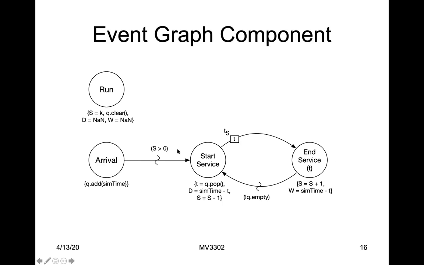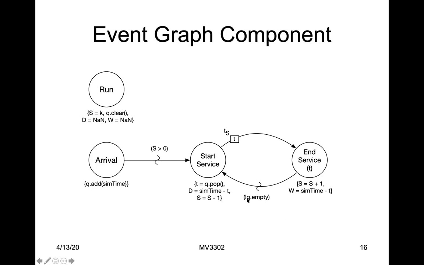So again, arrival, we say if there's an available server, we schedule a start service. That's exactly as it was before. Let's look at this scheduling edge here. When we end service, if the queue is not empty, then we'll schedule a start service here. So before, in the multiple server queue, the condition was queue bigger than 0.